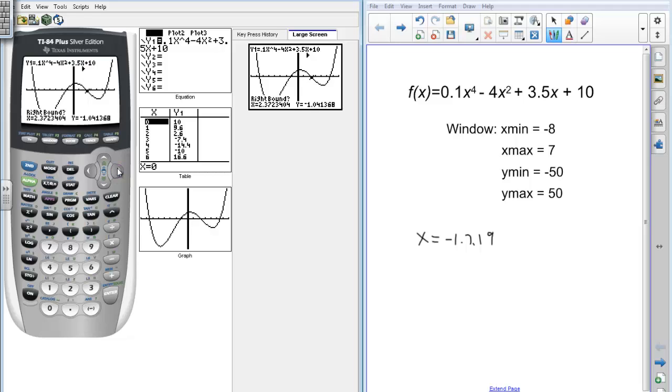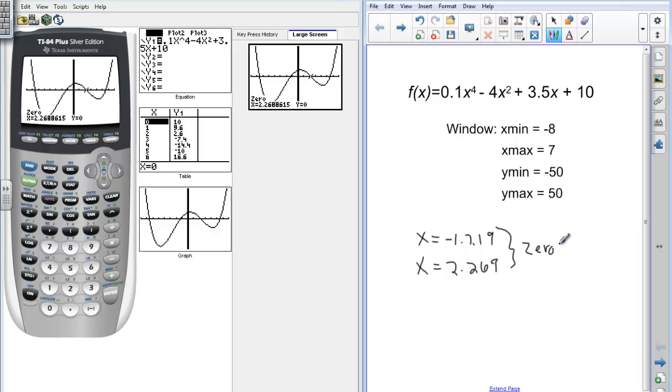Go to the other side, enter, and I get 2.269 about. So we'll come over here, x equals 2.269. These are two of my zeros that I found with the calculator. And for practice, you guys should be able to find out what these other ones are.